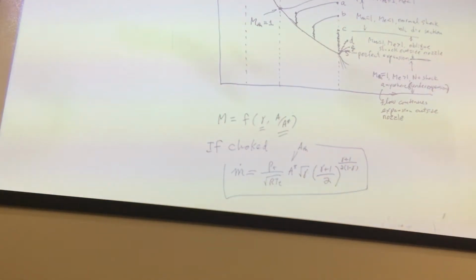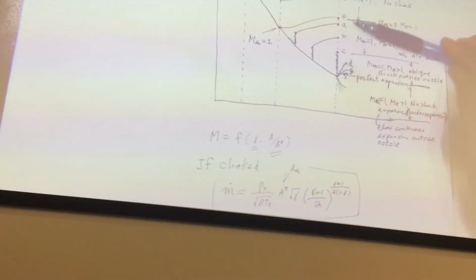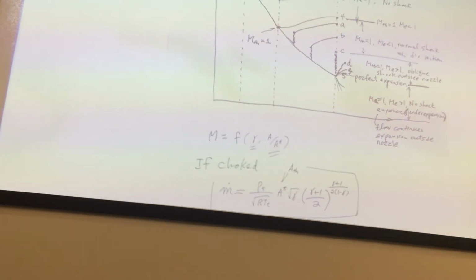This is the same as in the converging nozzle. So let's say once the nozzle is choked, if you decrease the ambient pressure, it doesn't change the mass flow rate. But if you raise the reservoir pressure, then it changes the mass flow rate in the sense that PT increases, right?